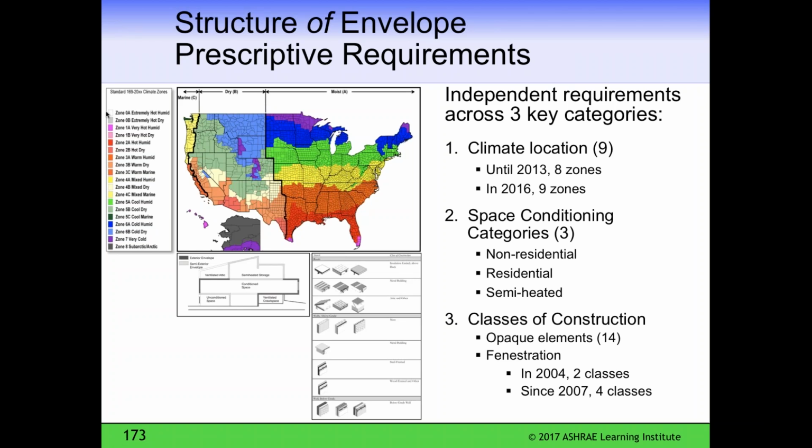From 2004 to 2013, we had 8 climate zones covering North American locations, and for the third of this audience in Canada, sorry, the map doesn't include Canadian locations, but maybe another map will shortly. So we have 9 climate locations. The new climate locations are zone 0A, extremely hot and humid, and zone 0B, extremely hot and dry.